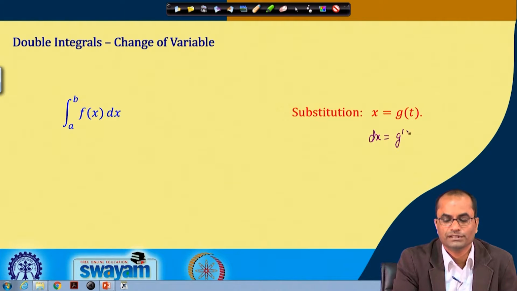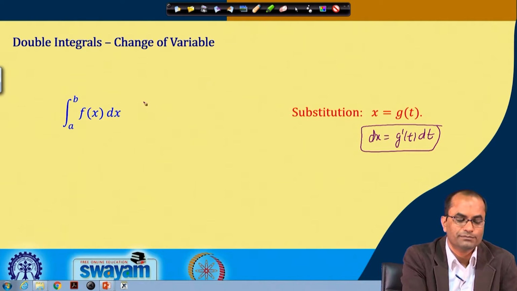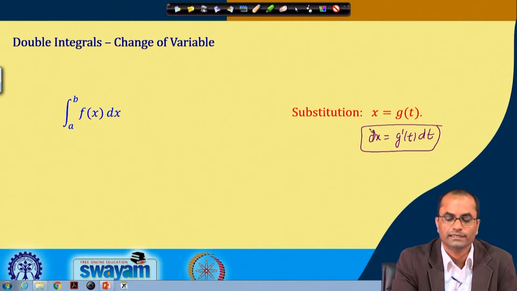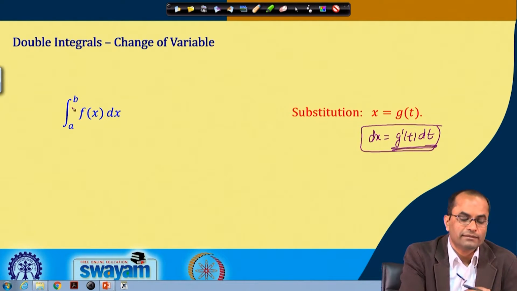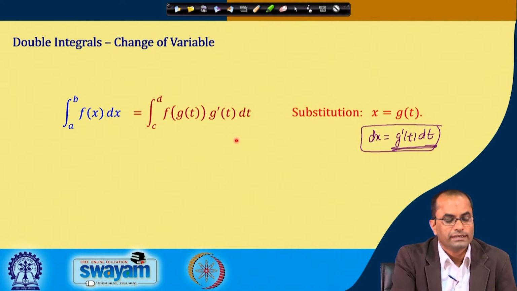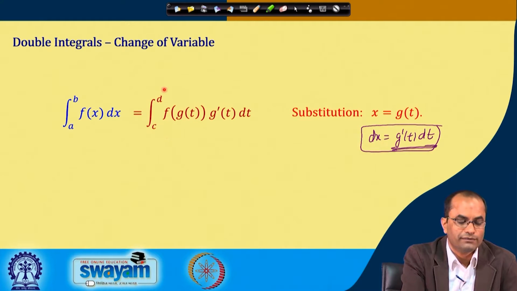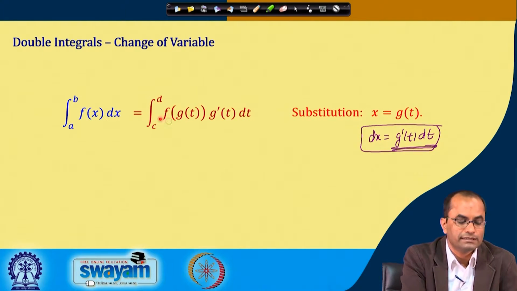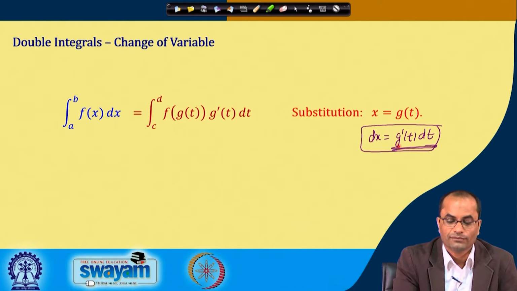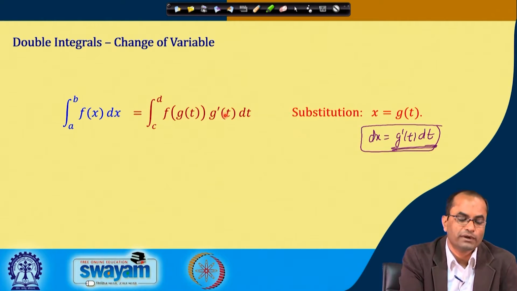So, dx will be g prime t dt in this form, and then we substitute this x as g t, and dx will be g prime t dt, and then the corresponding limits will appear there. So, the idea used to be that we have the corresponding limits now of this t, and this x was substituted by the new function g t, and for dx we have got here g prime t dt.